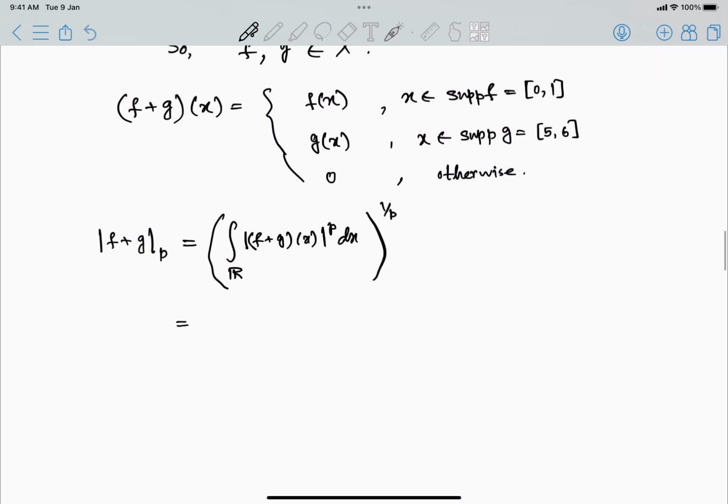Note that it is otherwise 0, so the integral only survives over 0 to 1 and 5 to 6. From 0 to 1 it will be f(x), because g is 0 here, plus from 5 to 6 it will be g(x), because there f is 0.